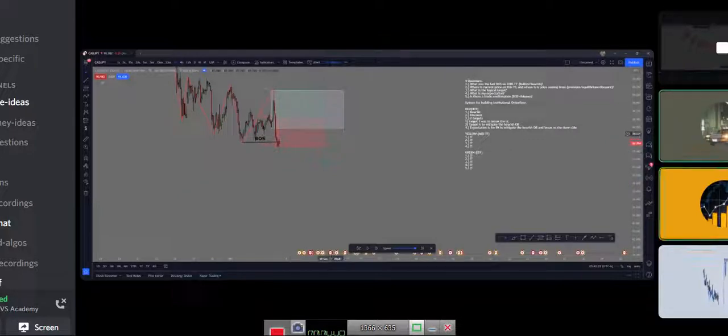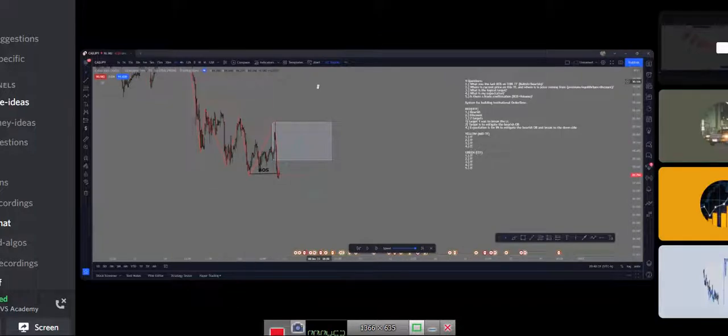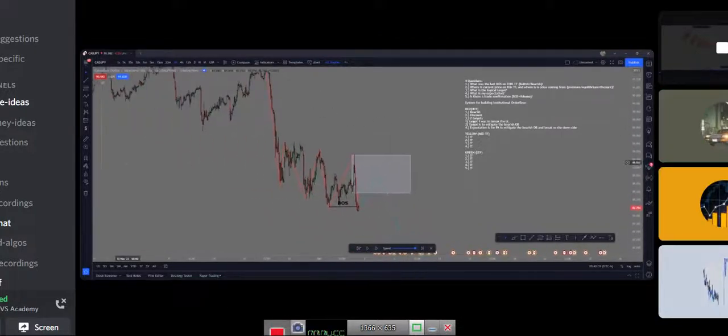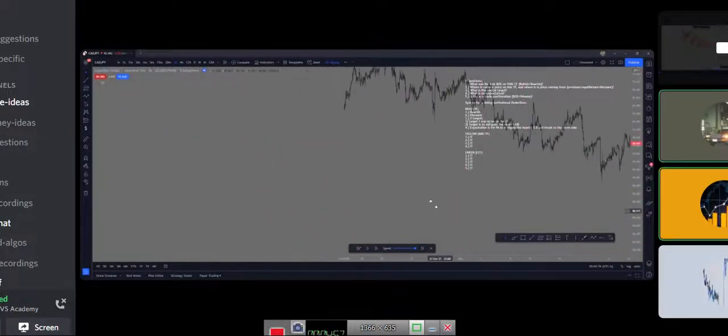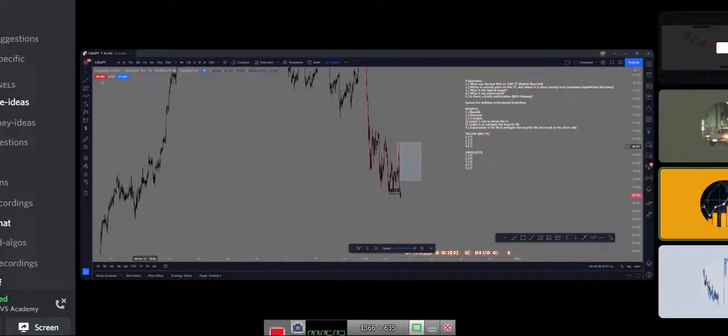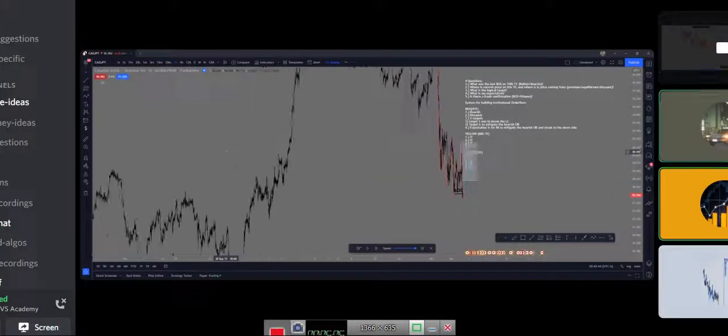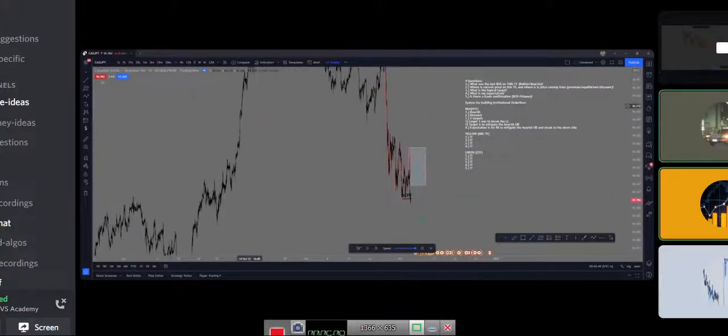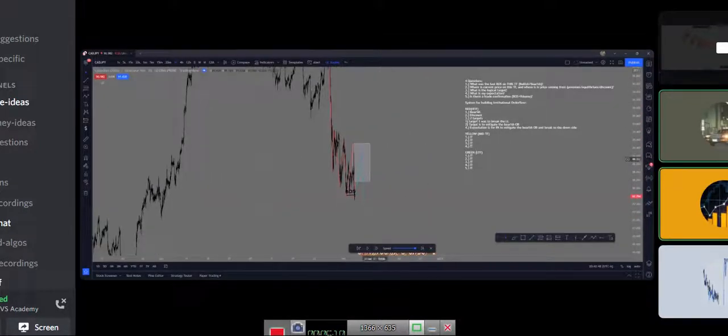Okay, so from here, I got all the information I needed. I could look at what it's doing, like if price is at some kind of bullish order block on a higher time frame, but it doesn't seem like that's the case. It seems like all this is internal liquidity, and we're just going to take it.